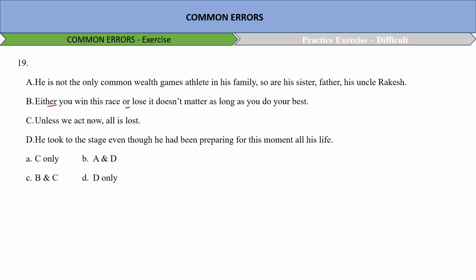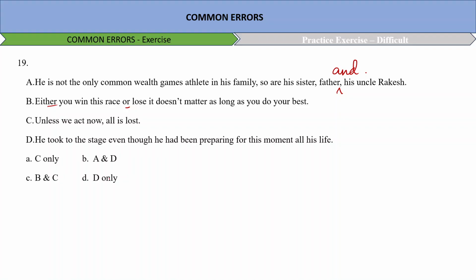I can see the error only in two parts of the sentence. He is not only Commonwealth Games athlete in his family, so are his sister, father, and his uncle Rakesh. The comma before his uncle Rakesh is inappropriate here.